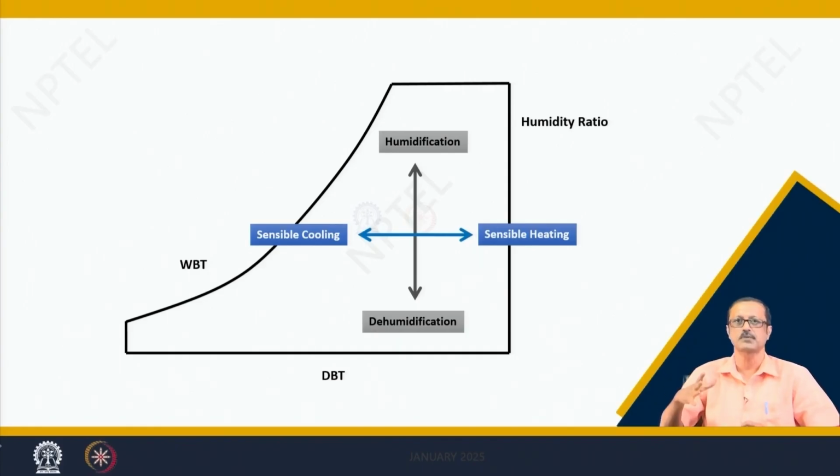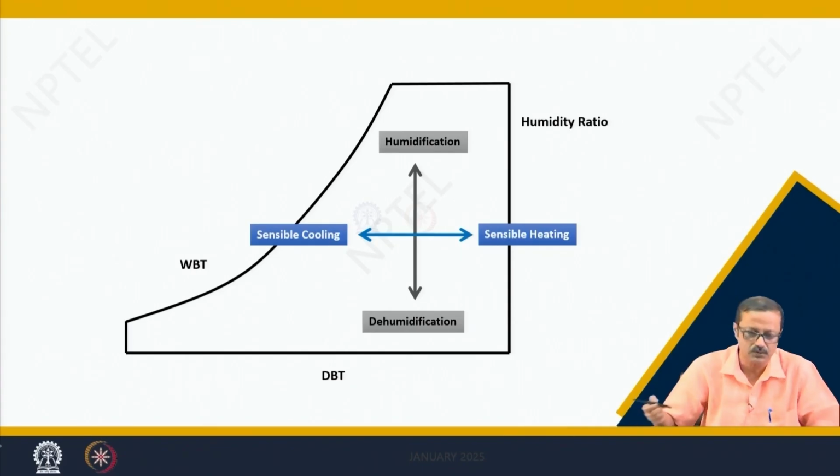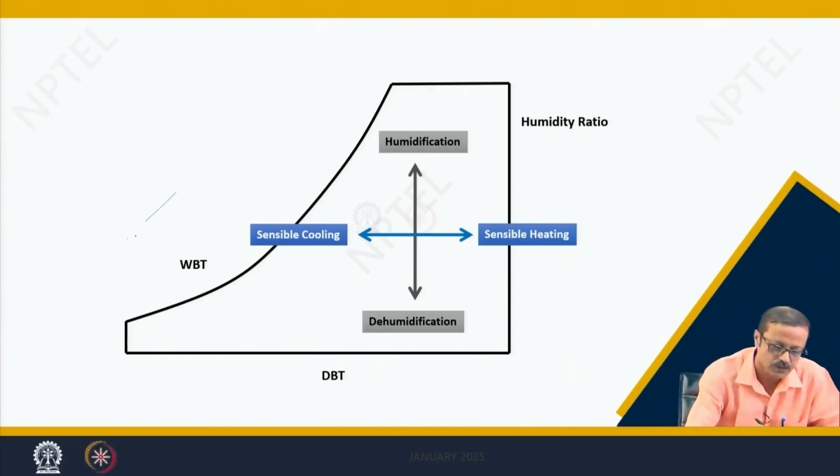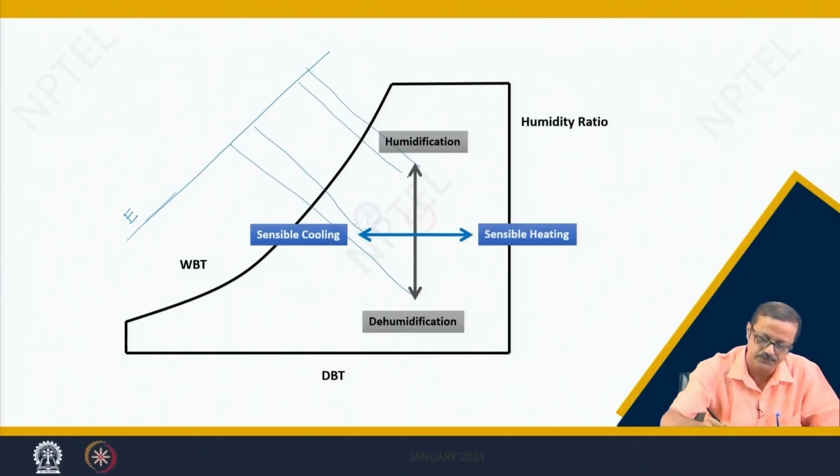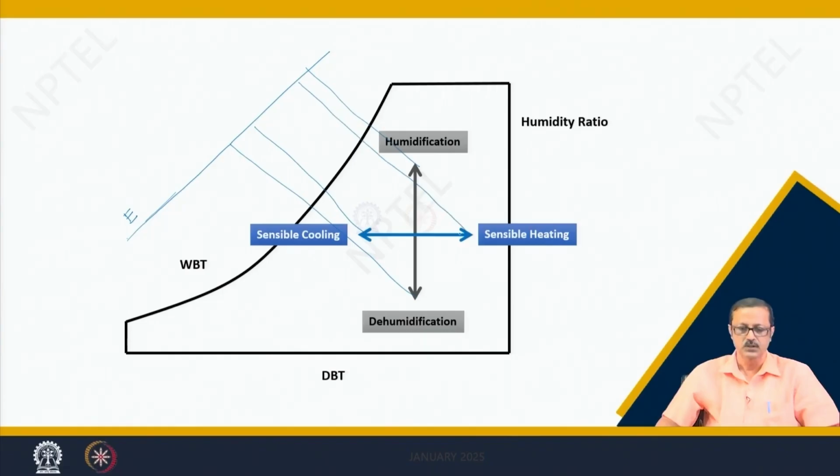This removal and addition of latent heat also takes some energy, because as we all know, this particular axis is the axis of enthalpy, the energy axis. So, any change from here to here, or from here to here, involves some change of energy, right.